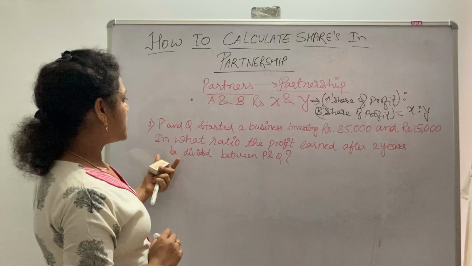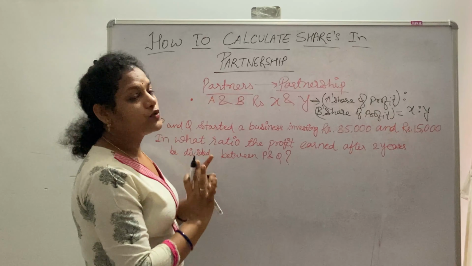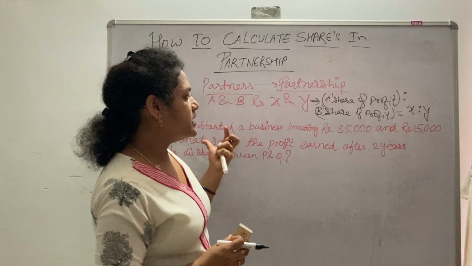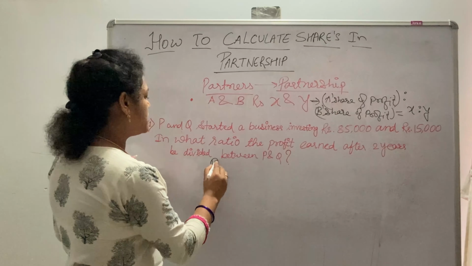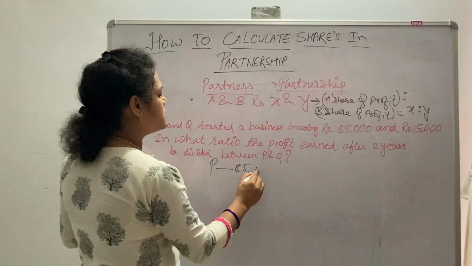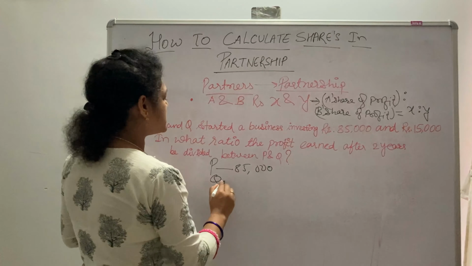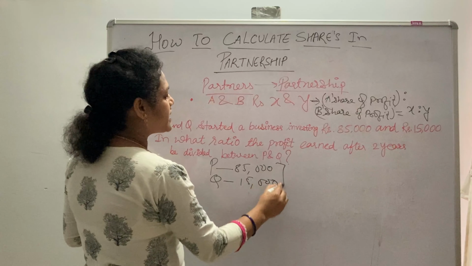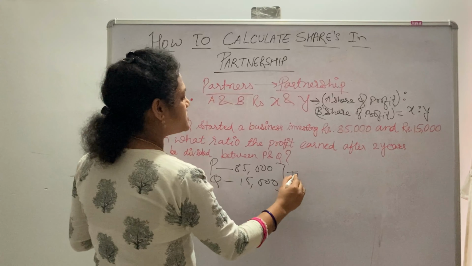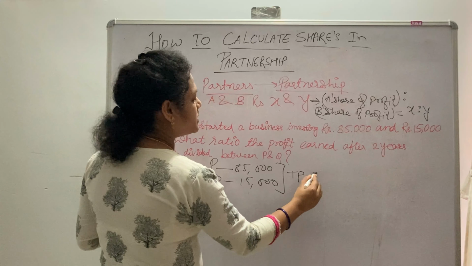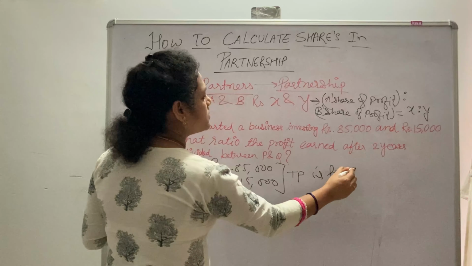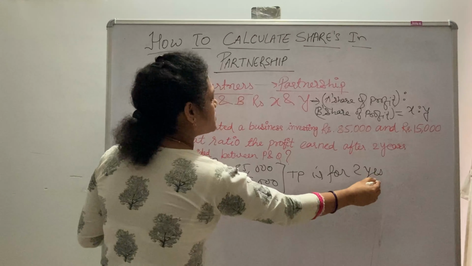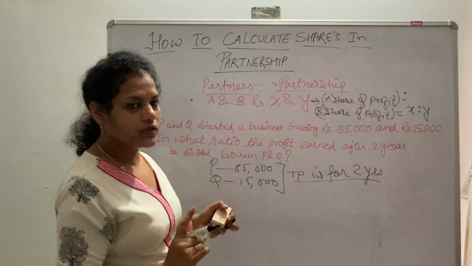What I'm saying is, there are two businessmen: P is investing rupees 85,000 and Q is investing rupees 15,000, and the time period is the same, 2 years.